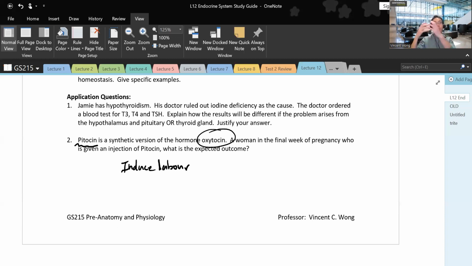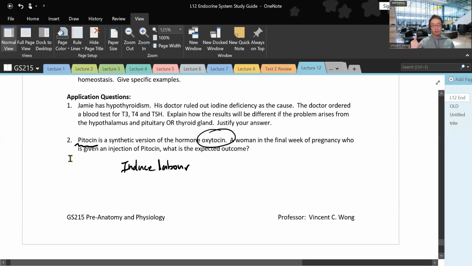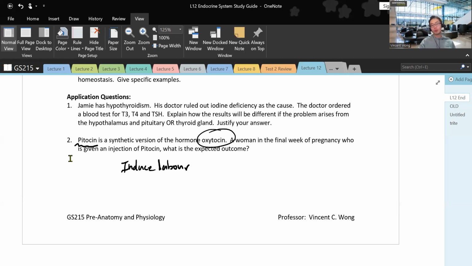More contraction results in more oxytocin, which again leads to more contraction. So that's a positive feedback, until the baby comes out. So you don't have to keep on giving the Pitocin. You just have to give a little bit at the beginning to keep it at a steady level, and then your body's own natural version will take over and help with the labor process. Does that make sense?